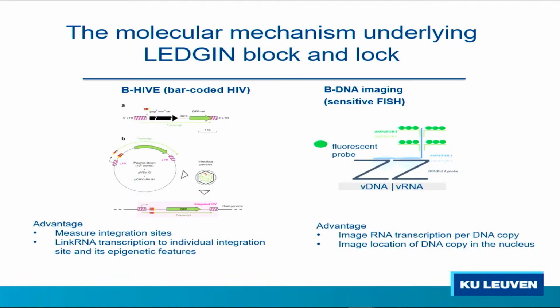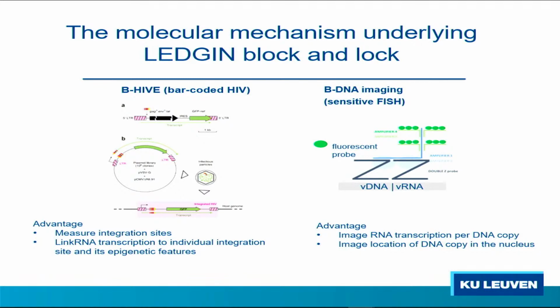In the first paper, we used barcoded virus, which means that we make an HIV virus with an individual barcode, a specific sequence, and the sequence is in the provirus, and the sequence is also in the mRNA transcript. So we infect cells with the barcoded virus, we measure the integration site, so we know where each provirus is, and then we measure how much mRNA the virus makes, so we can make a link between integration site and transcriptional level.